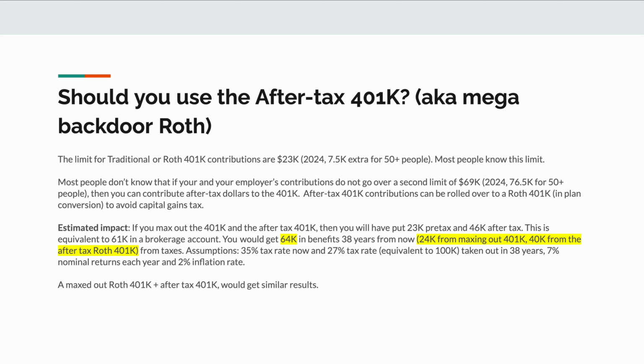Otherwise, it's a lot of work. And then secondly, it's about whether you want access to the money now or later. And generally, you can't take money out of it before you're about 60 years old. So do you want to put it in there?